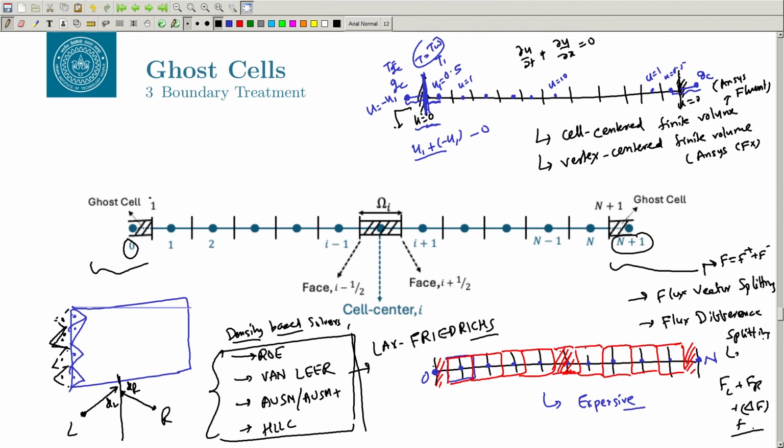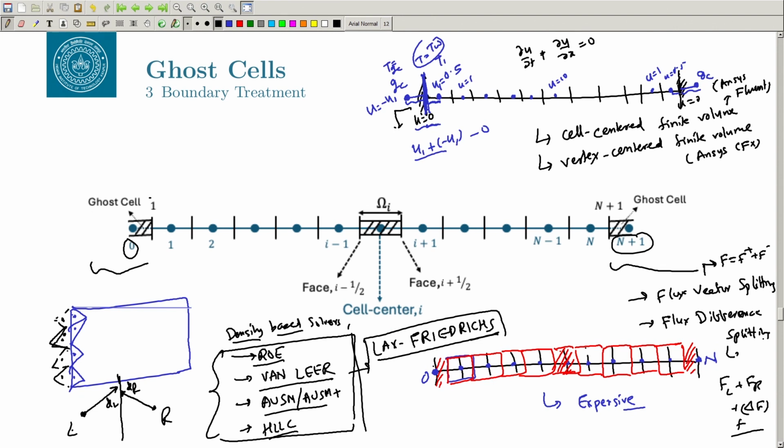As you start using different schemes, go back and read about the theory of how they have been used. In this course, we will not have time to go through each of these schemes, but I will show you one example with Lax-Friedrichs for the shock tube, which is a very simple scheme, like we use i and i plus 1 in the finite difference. Similarly, we will use the left value and right value reconstructed values to calculate the Lax-Friedrichs flux.